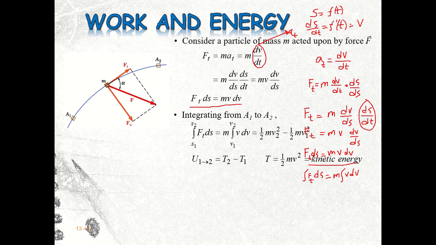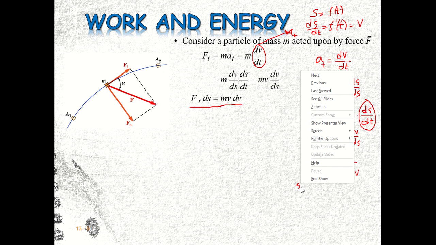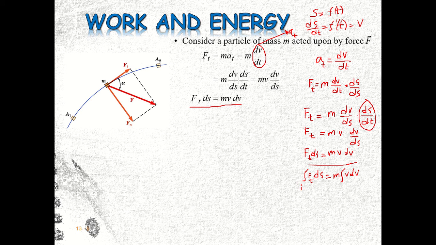So why s1 to s2? Because we have s, we're talking of s, so naturally from s1 to s2. So this is our limit. Lower limit is 1, upper limit is 2. And then here we are talking of v, so this would be velocity v1 and v2.